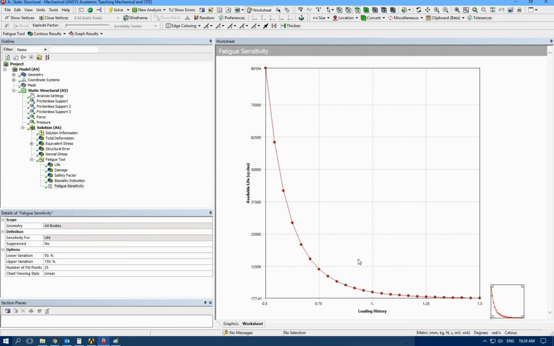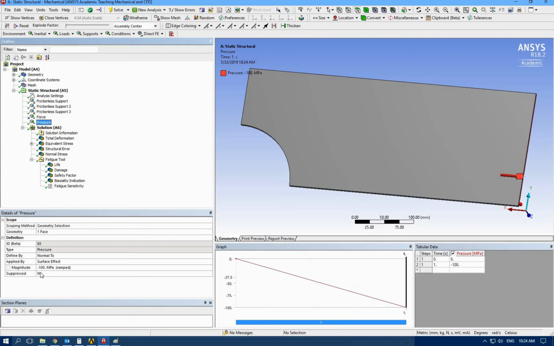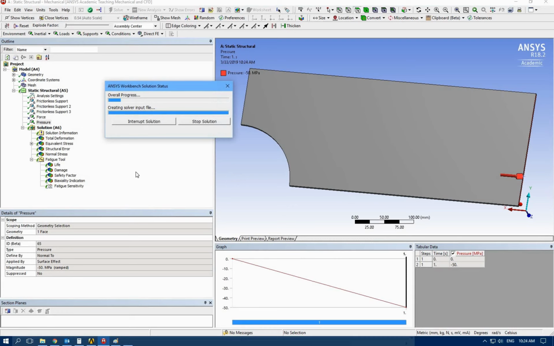So you need to decrease the load, and if you decrease our load by 50%, our life is going to increase up to 89,000 cycles. Let's check that one. I'm going to decrease our pressure to 50% smaller. So 50. Let's solve it and check how fatigue sensitivity is going to change.